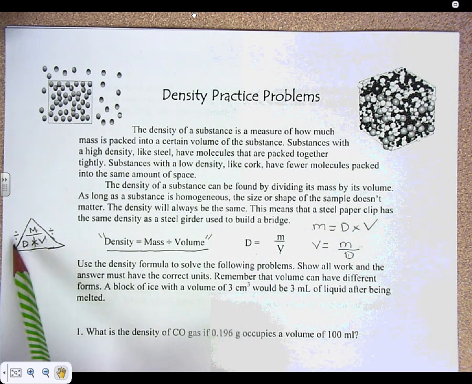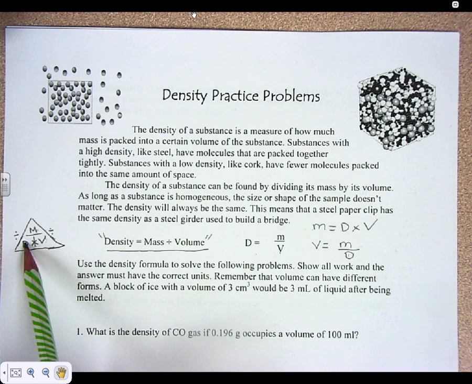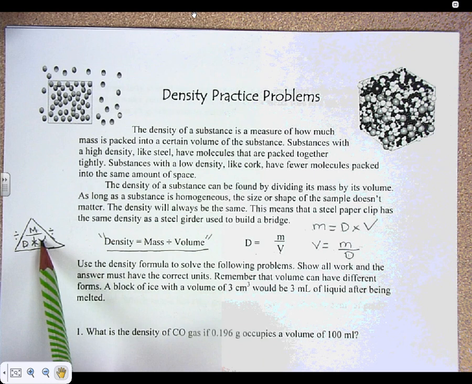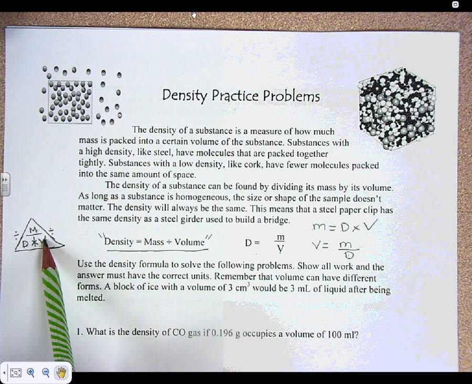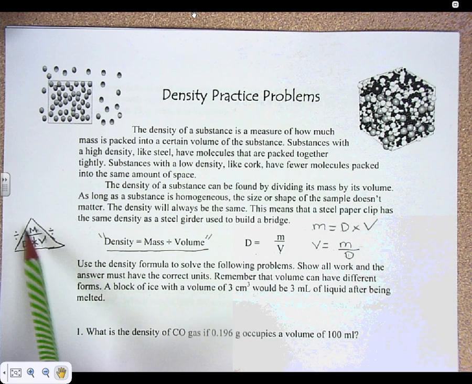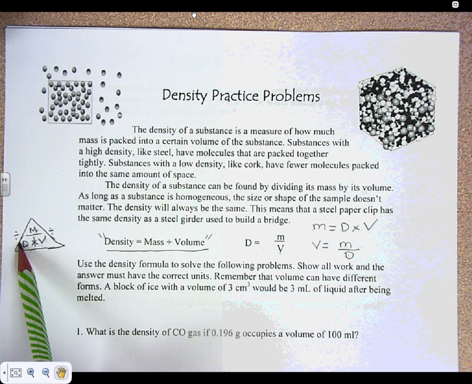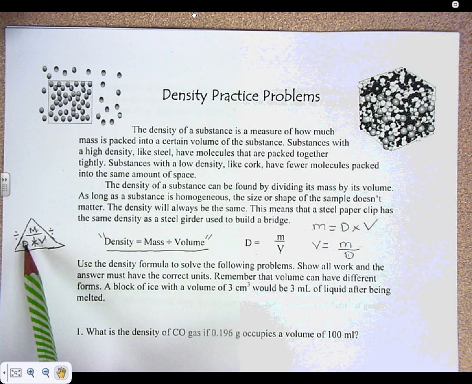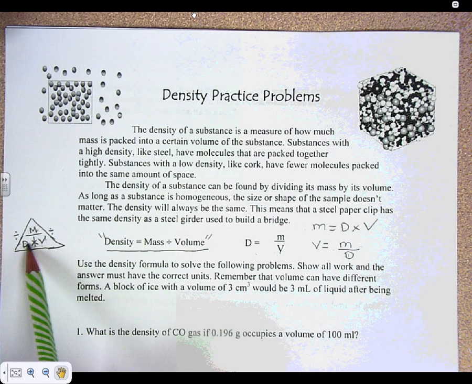If you're solving for density, you divide mass over volume, whereas if you're solving for volume, you divide mass over density. If you're solving for mass by itself, you multiply density times volume.